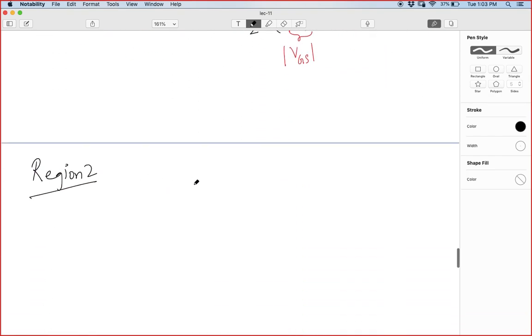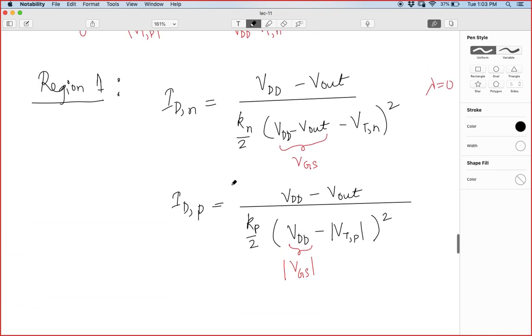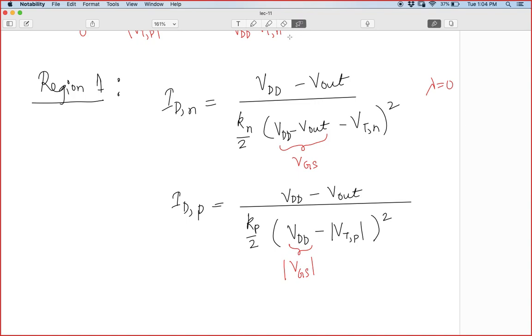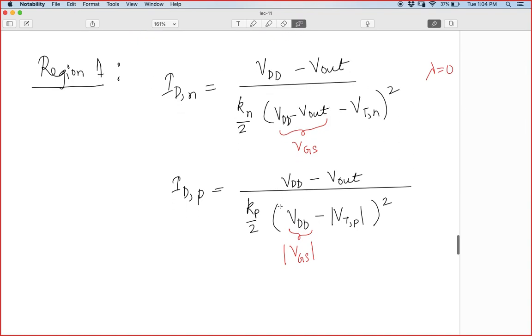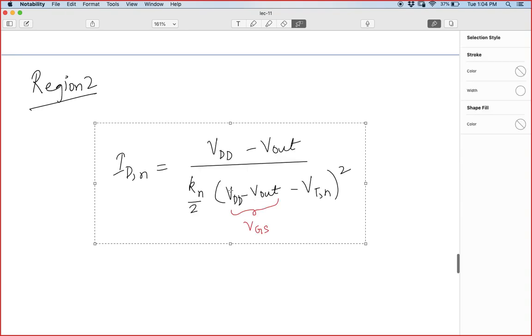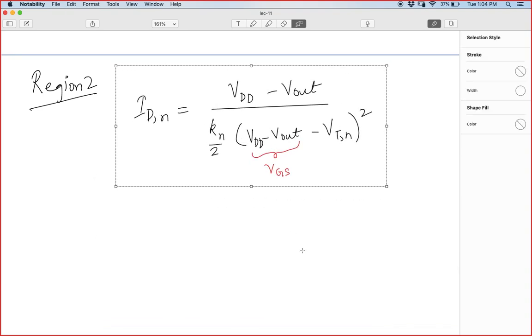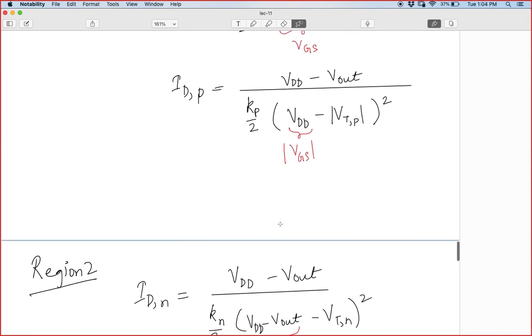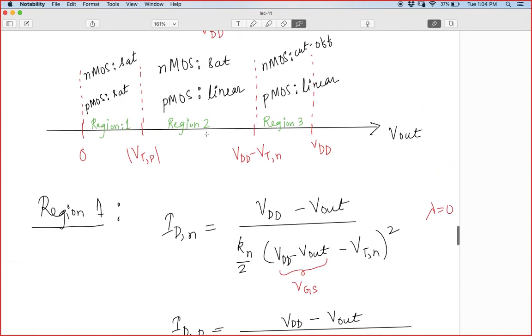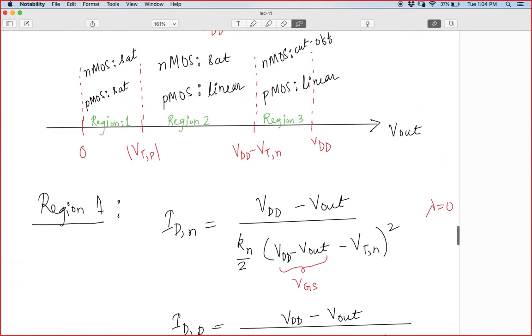The same equation applies for the NMOS in region 2, so I just need to copy paste it here. In case of the PMOS, I will need to write the linear region equation.